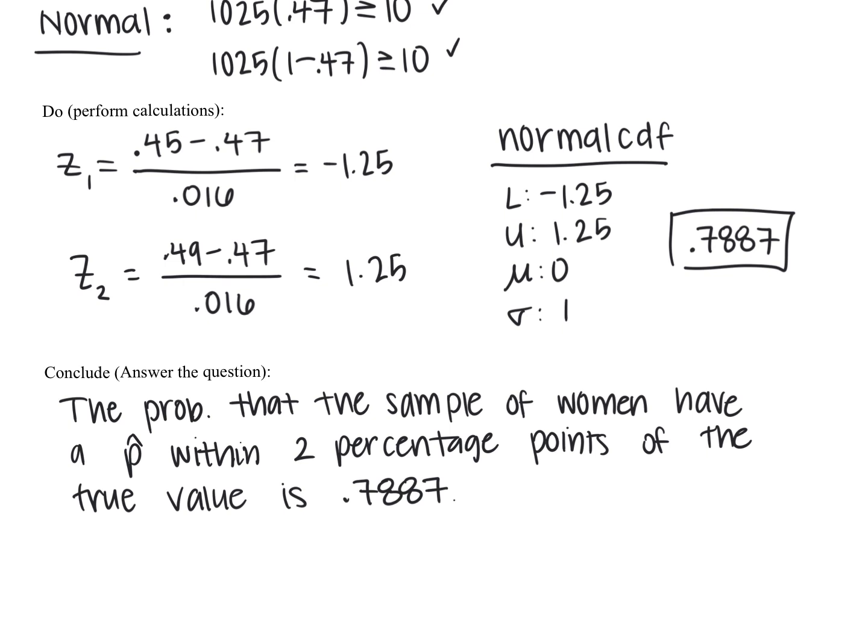So you're answering the question in the context. Your sentence has to be in the context of the problem. You don't want to just write a very generalized sentence. You want to make sure that you're writing it in such a way that someone knows what that probability means, who may or may not be as knowledgeable.